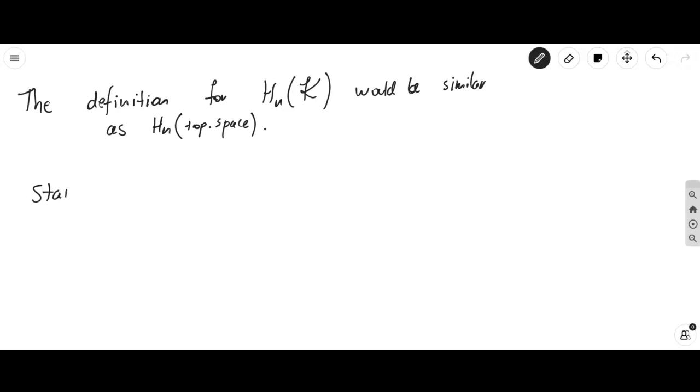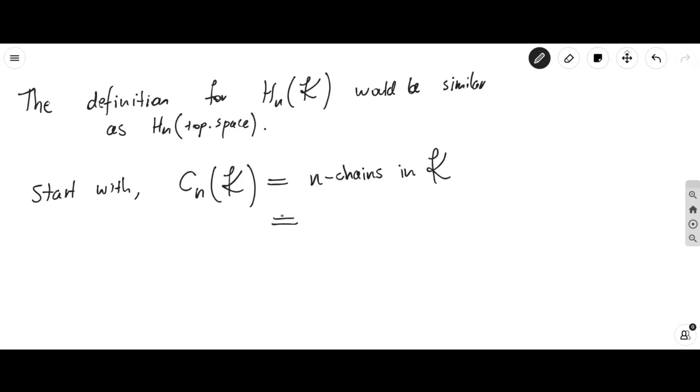I want to start by defining Cn of K. This is going to be the n-chains in the simplicial complex. Now, before we write down the definition, I just want to show you that it has to be different from the topological version.